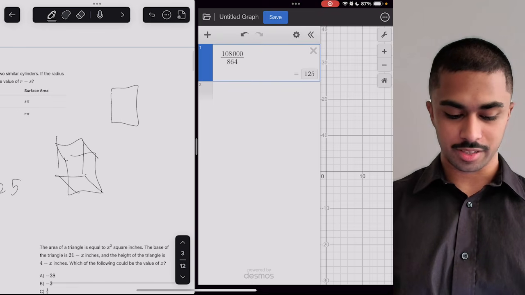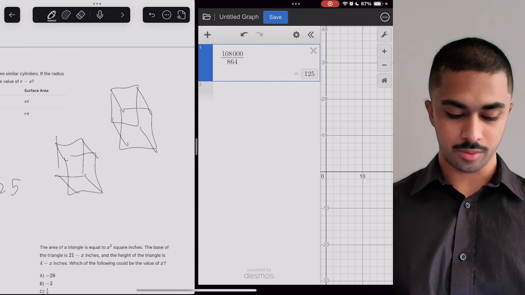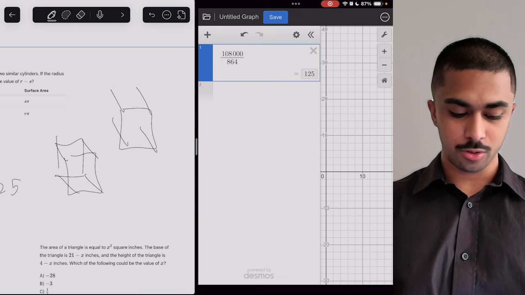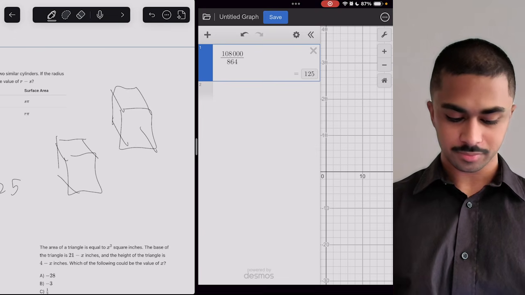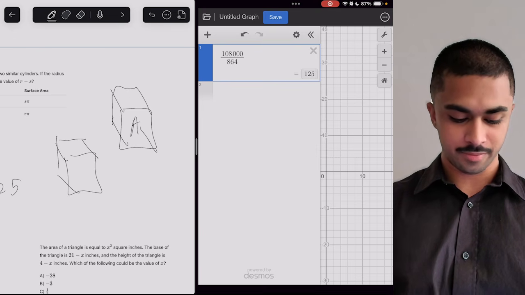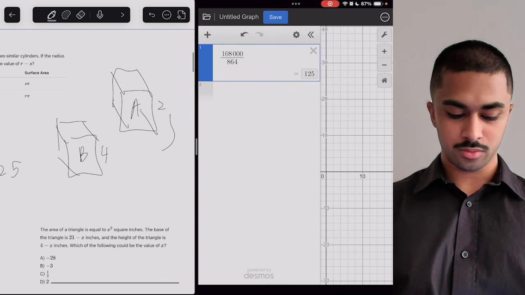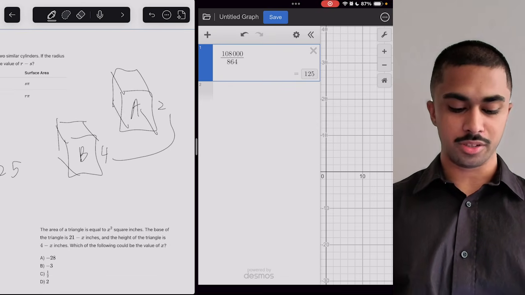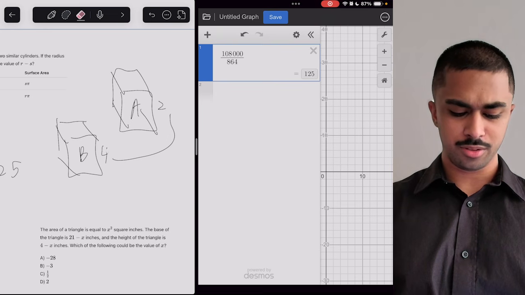Here's how I'm going to explain this. If we have two cubes, right? Now, for cubes, all of the edges are the exact same. So let's say every single edge on cube A is 2, and every single edge on cube B is 4. Even though all of the sides on cube B are 2 times as large, let me use a different example.